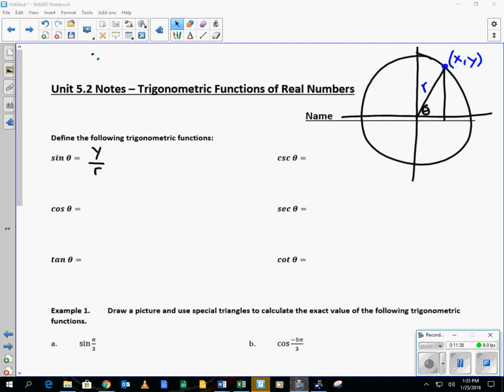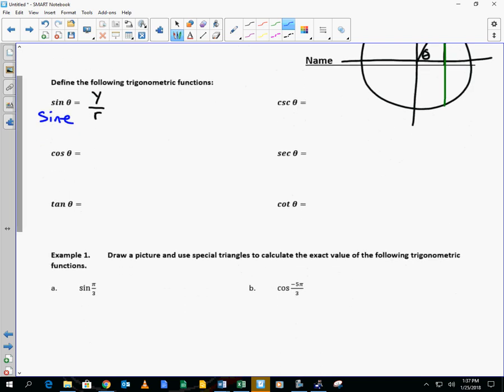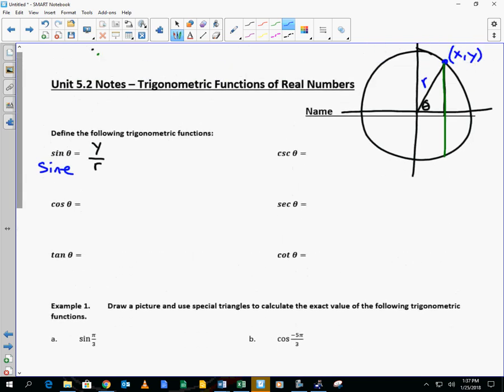Now, this will help you remember. Okay, the good sine story, I just told it. We have sine, that's y over r. In the unit circle, what is r? 1. So therefore, sine is just the y value in the unit circle. And that's a lot of fun.